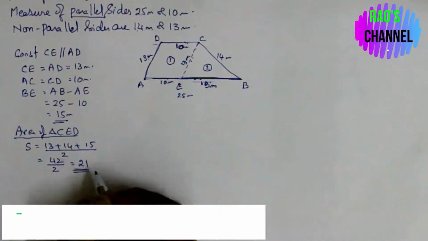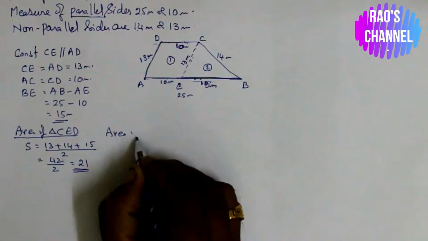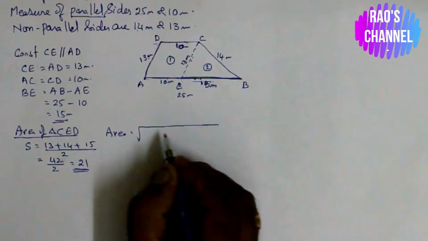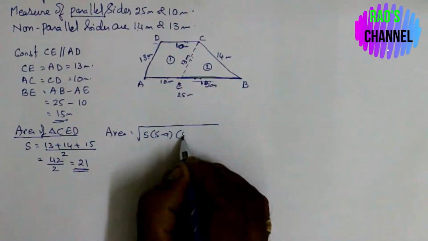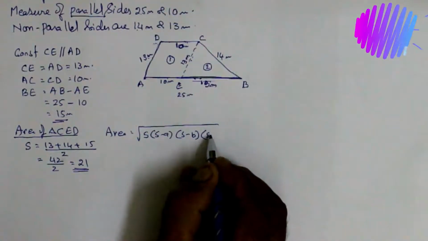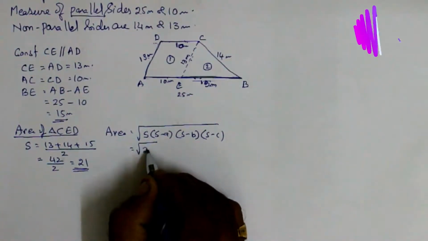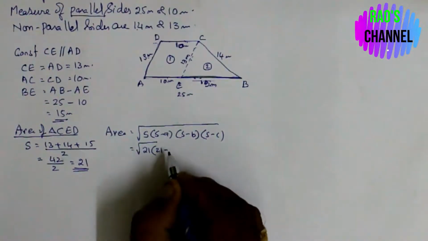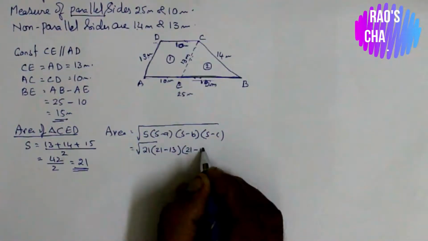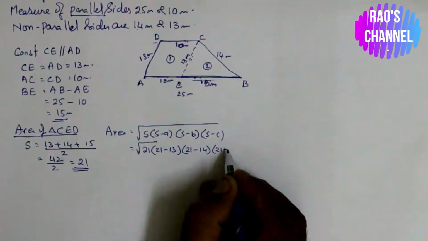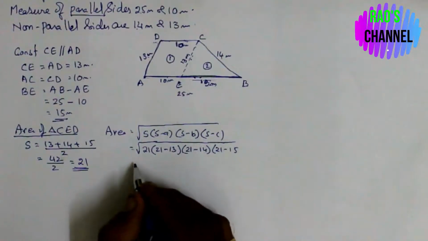So S is 21. So area is equal to, we know the Heron formula, root of S into S minus A, S minus B, S minus C, which is 21 of 21 minus 13, 21 minus 14 and 21 minus 15, which are the sides of the triangle CEB.